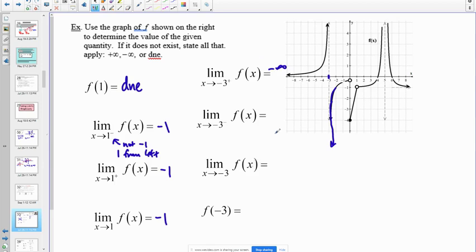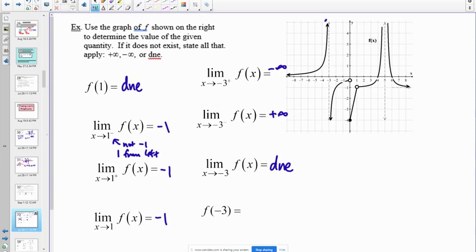And if you approach -3 from the left, so let me get close to -3, what y value am I approaching? +infinity. So here's a question. Is -infinity and +infinity the same? No. So the limit of f of x as x approaches -3 is actually equal to DNE.